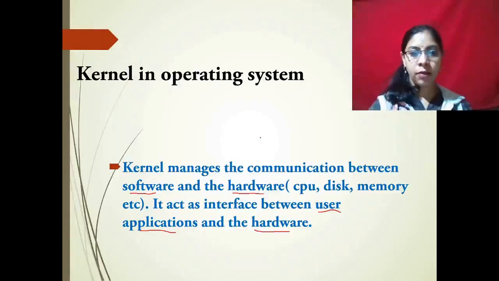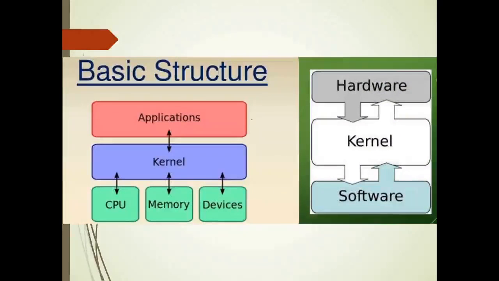The kernel can be found in various laptops, computer systems, smartphone devices and tablets. You can go to the settings of your device and check the kernel version of your system or device. In this diagram you can see there is an application layer, a kernel layer, and a hardware layer where all hardware components are present.